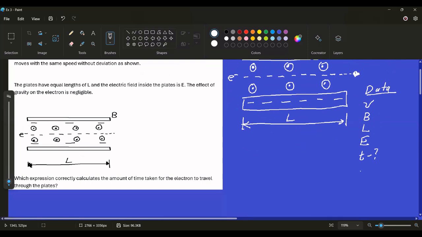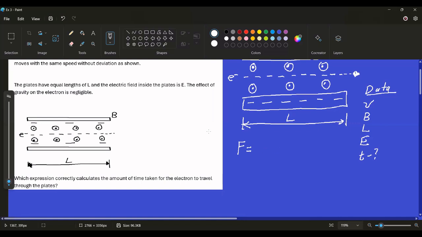So what we have to do is use these values and what we know about the physics of moving charges to help us figure out how we can get around this problem. Now, we know that there is an equation for the magnetic force.